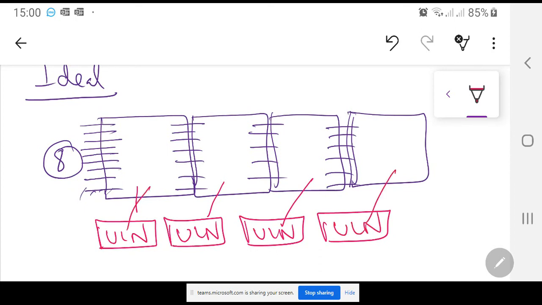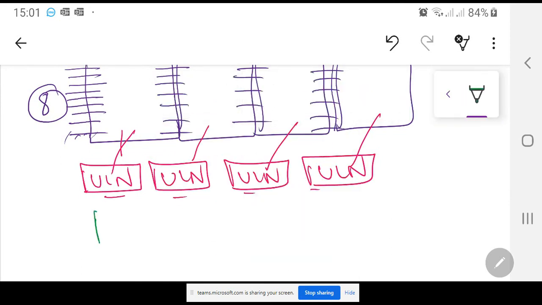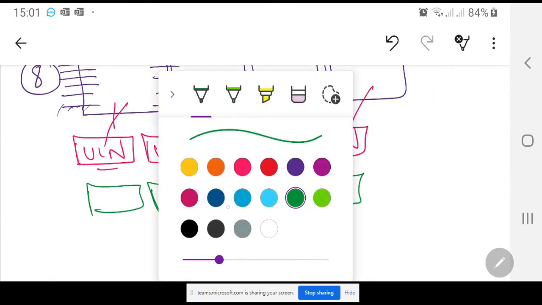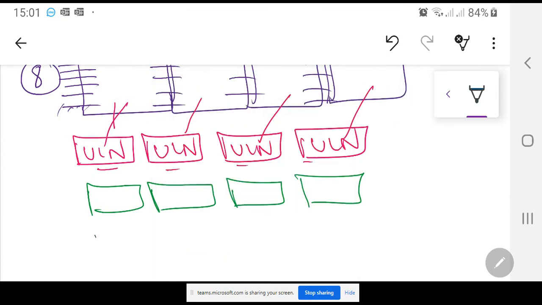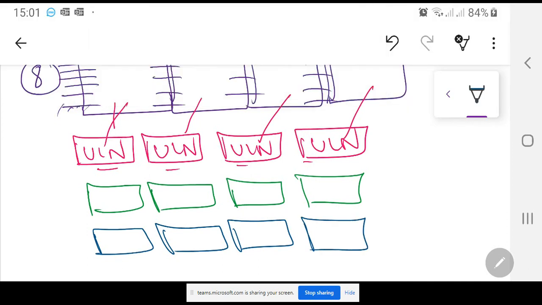So this means that for 1x4 RGB, you are having 1, 2, 3, 4 ULNs just for the red ones. Then for the green ones, you will require 4 of them, and for the blue ones, you will also require 4 of them. So in total you will have 12 ULN ICs.